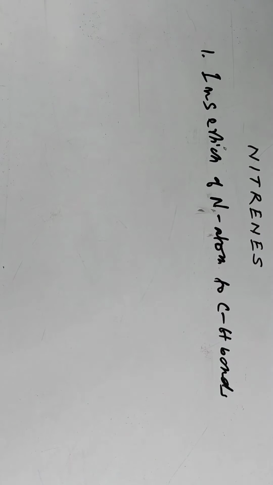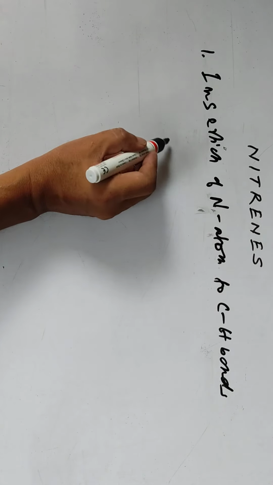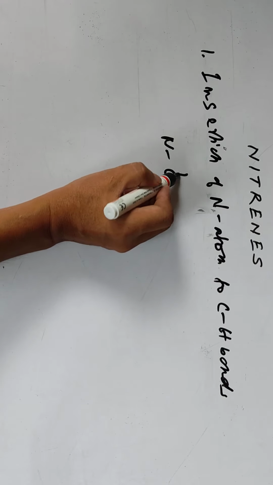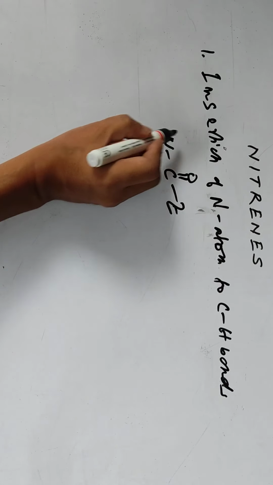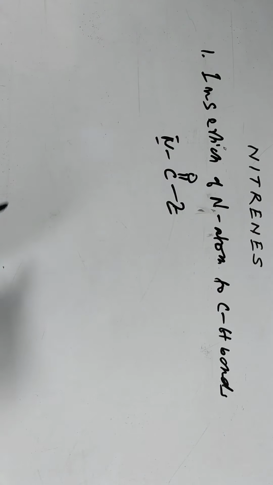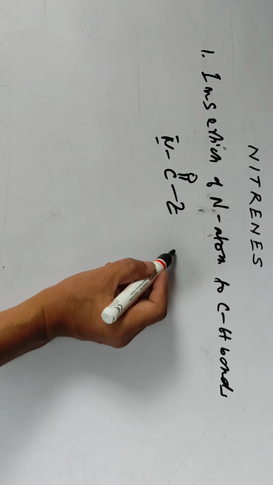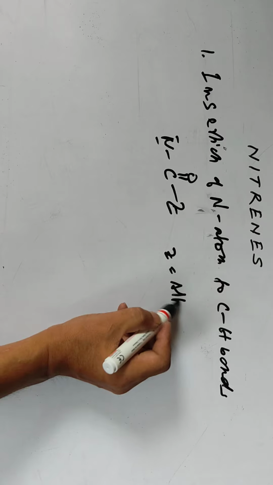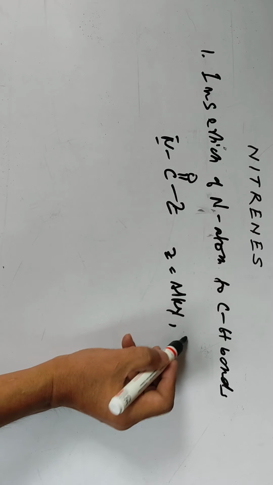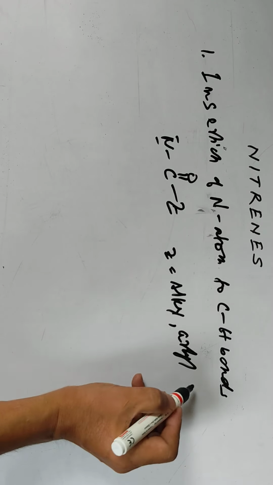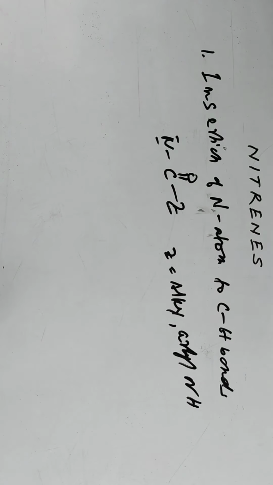Here, insertion into CH bonds is observed, especially with carbonyl nitrenes, like this type of nitrogens, RCO and Z. Z can be either alkyl or aryl, or hydrogen. Even alkoxy also.